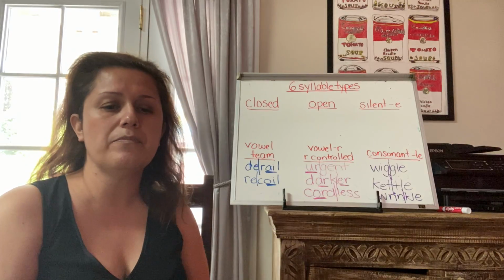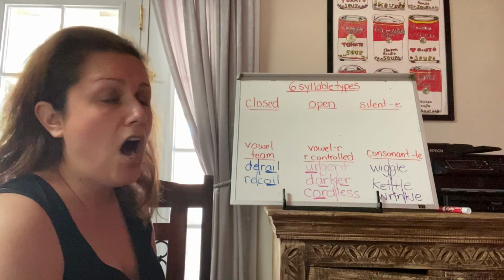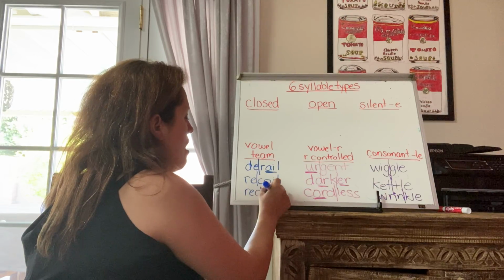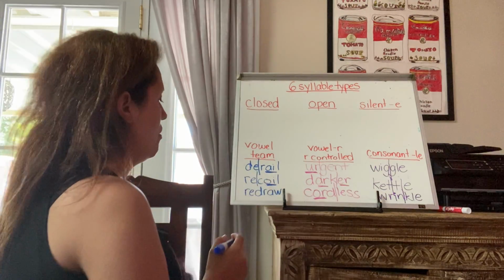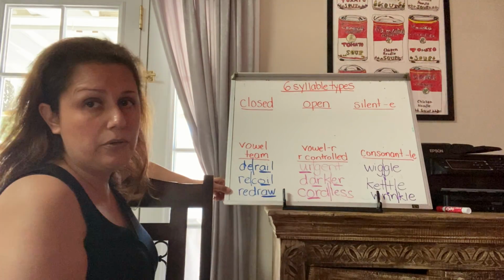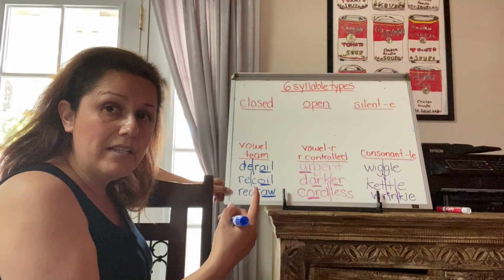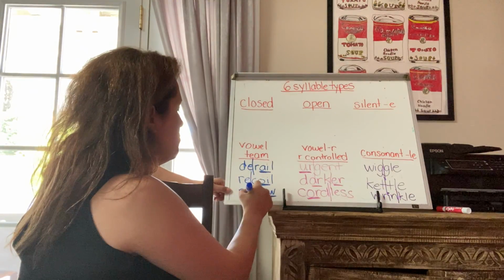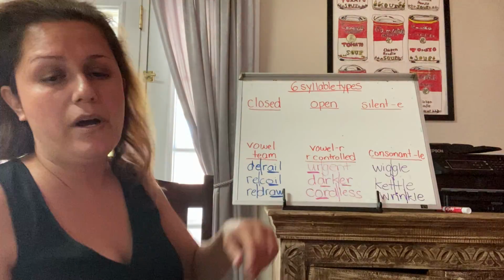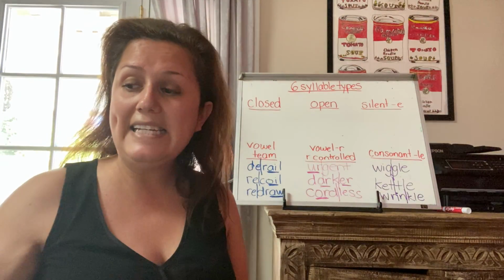Ooh, this one's a good one. Let's do the word redraw. So my vowel team is actually the AW. The A next to the W makes an ah sound. So redraw.